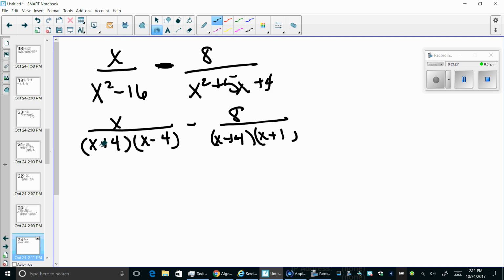So if you look, this one has an x plus 4 and an x minus 4. This one has an x plus 4 and an x plus 1. So this one needs an x plus 1, and this one, it looks like, needs an x minus 4.